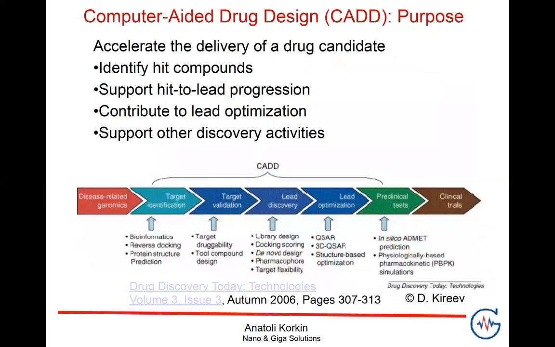So the next flavor of chemical informatics is called bioinformatics, and it uses an approach which is called computer-aided drug design. The main goal here is actually to accelerate the study of potential candidates for new drugs.